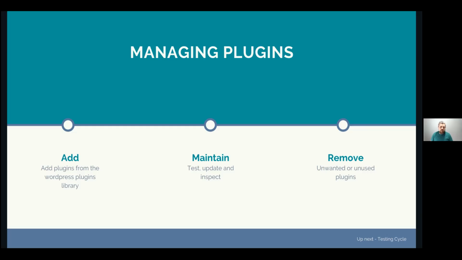Third of all, removing. Although WordPress provides you with the ability of deactivating unused plugins, for example, most security plugins will interfere with each other and they also use a lot of resources. So this is the main use of the deactivating option. You don't need to deactivate a plugin that you know for sure you're not going to use anymore, but you can use the deactivation feature to compare and test similar plugins.